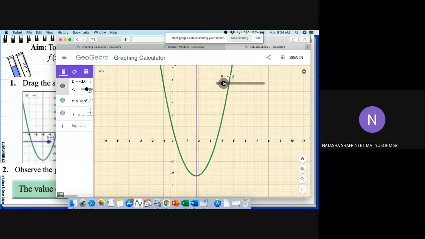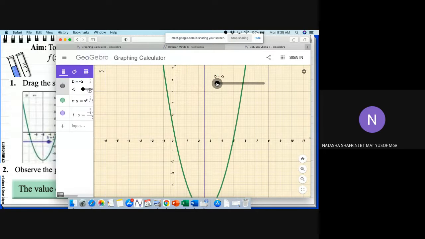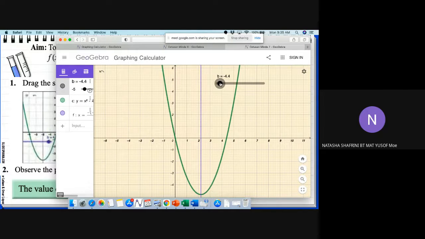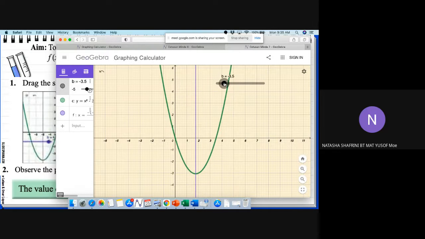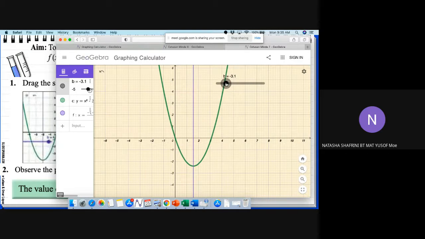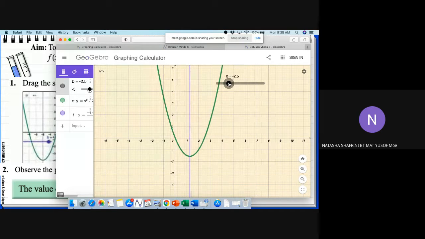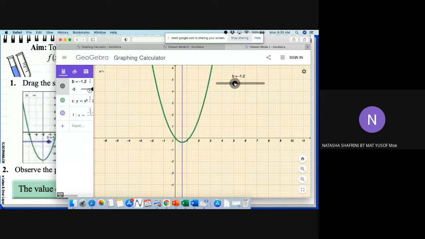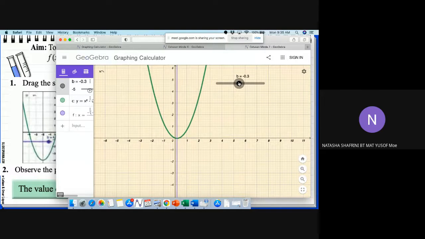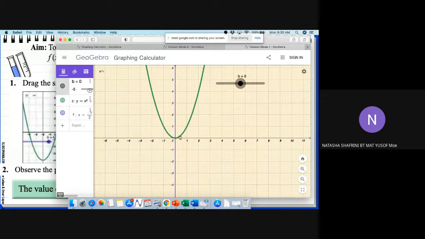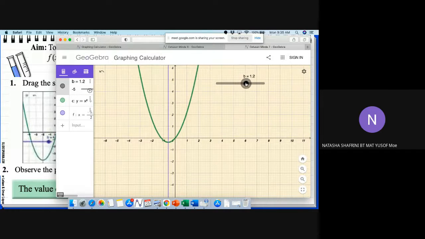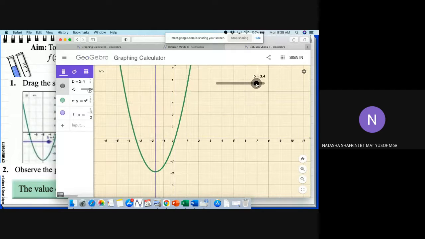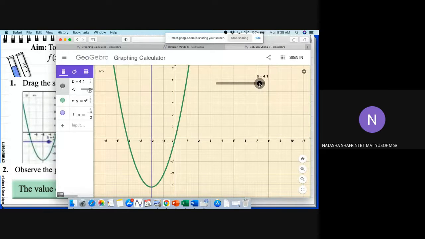Cikgu besarkan. Okay, tengok A tak sentuh. Nampak tak dia punya axis of symmetry berubah. Dia punya minimum point pun berubah. Okay, bila B negatif ni. Kalau cikgu letak B dekat kosong, dia pergi dekat origin. Cikgu naikkan jadi positif, dia turun sebelah kiri.